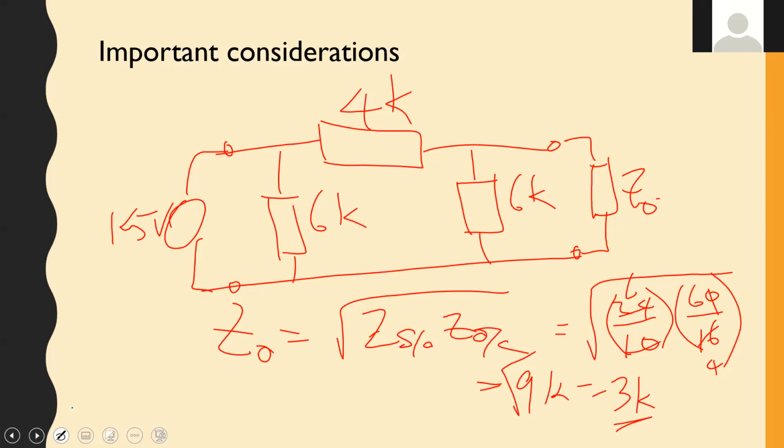What I did was I placed 3K as the load, which is Z0. So the whole circuit is complete now with the 15 volt on the input side and the 3K on the output terminals. All right, how will you go from there?